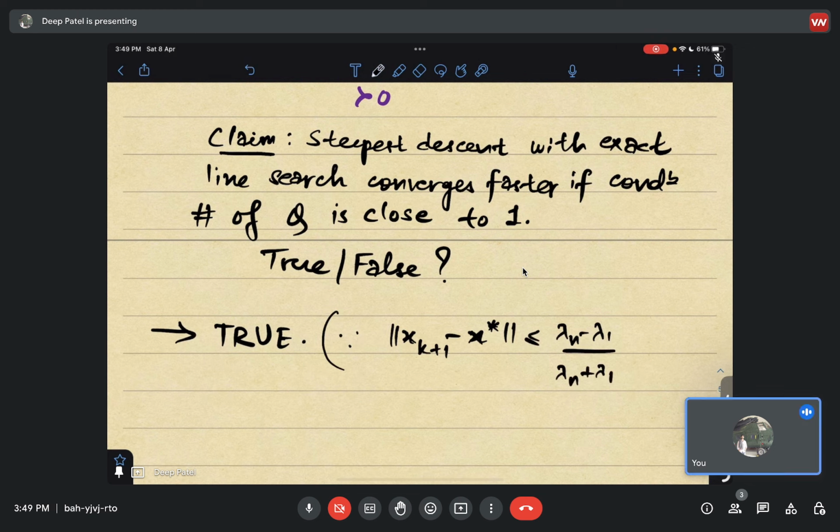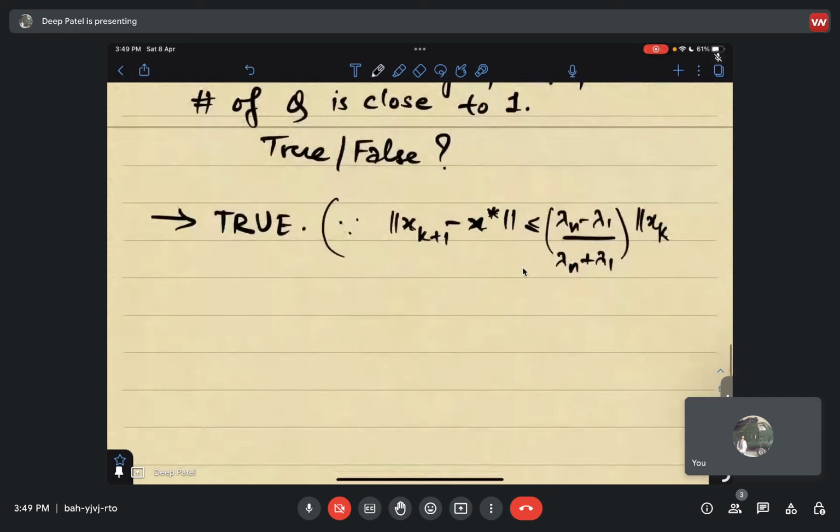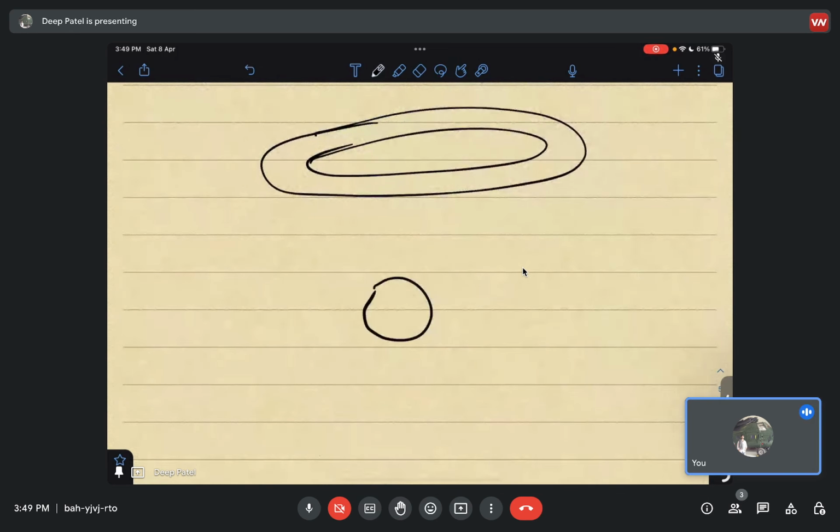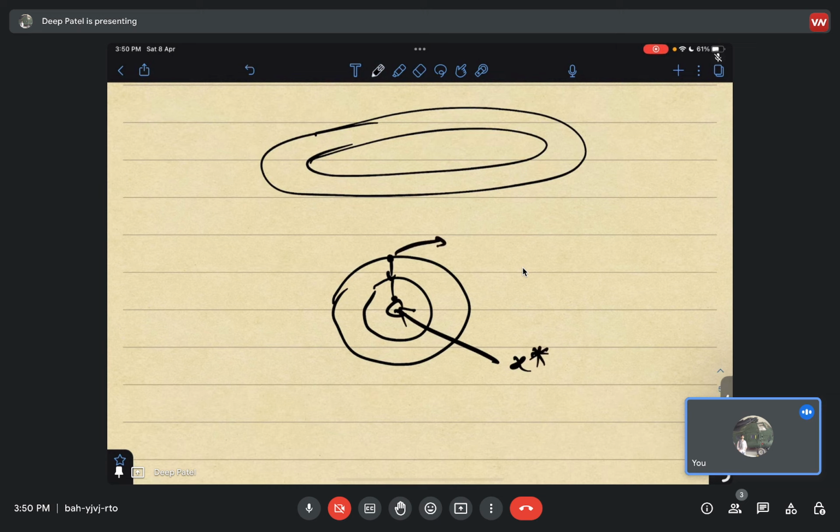Do you remember this? When the condition number becomes large, probably the level curves become more distorted and stretchy. But if you have something like this, you can just keep going. Let's say this is where your x star is, and this is where your x0 is.